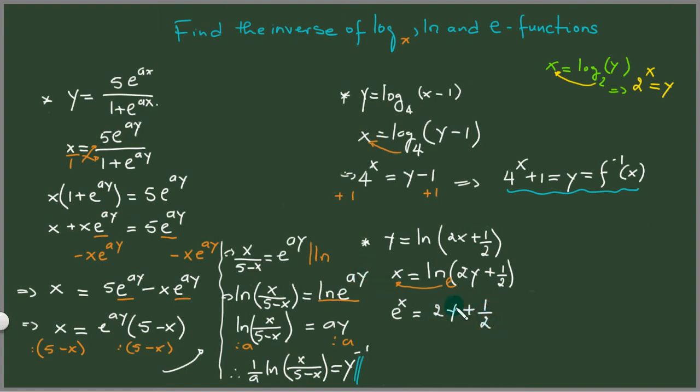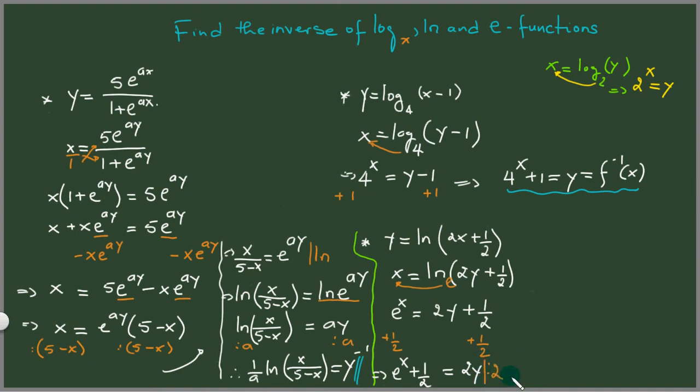Okay, and now we can subtract 1/2 on both sides, and this is giving us e to the x minus 1/2 equals 2y. And as you can see, on both sides we could divide by 2.